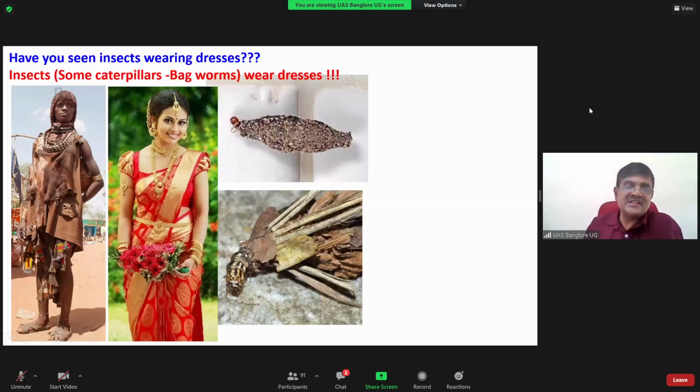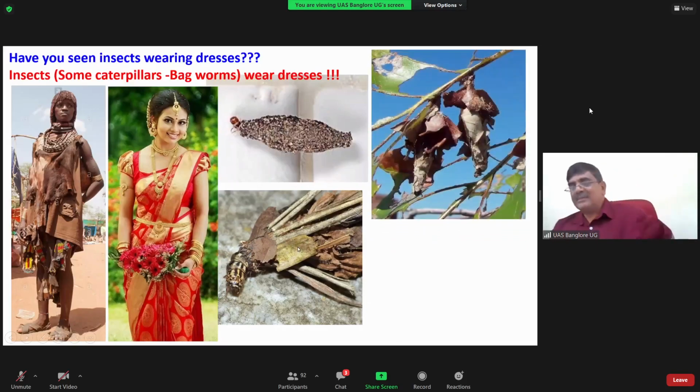Here also you can see the caterpillar, which is enclosed in a dress that is made out of debris and sticks. This caterpillar has prepared its own dress by using waste leaves and waste sticks. Similarly, here you can see dried leaves are used for preparation of dress-like material.